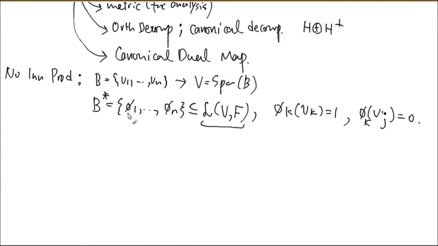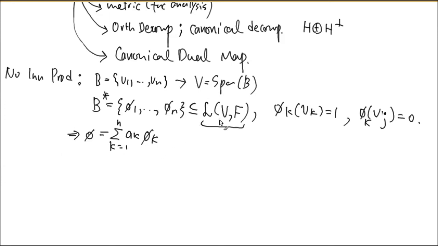Anything inside this space of linear transformations is going to be written as a linear combination of phi k, k from 1 through n. This was hard back then because phi k is not a column vector.